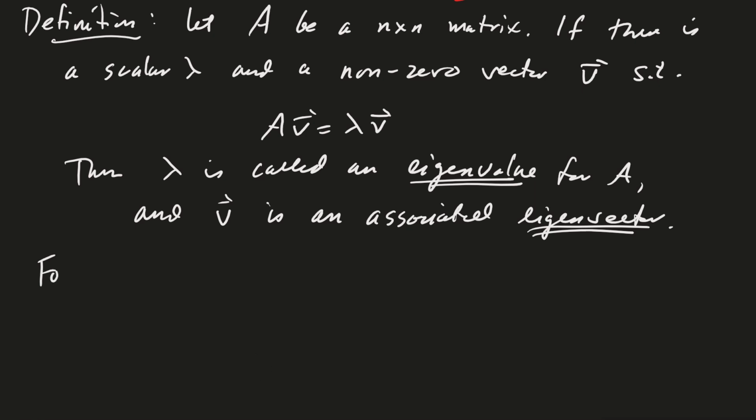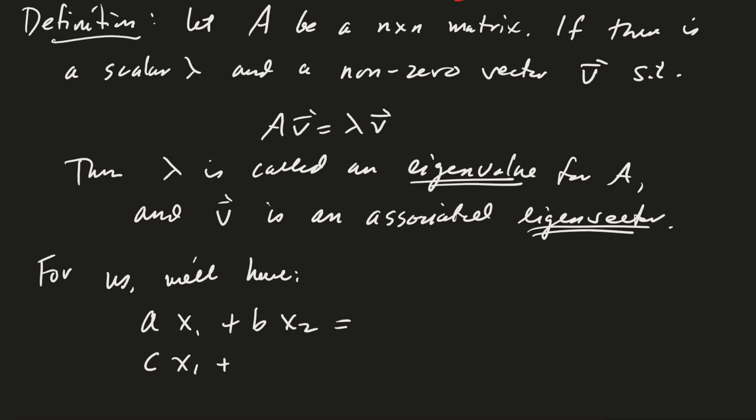For us, we'll have a times x1 plus b times x2 equals c x1 plus d x2. So this is my A times x here, and on the other side of the equation I'm going to have lambda times v, right? So that's just going to be lambda times x1, and oops, these are now, let me change those to v's.